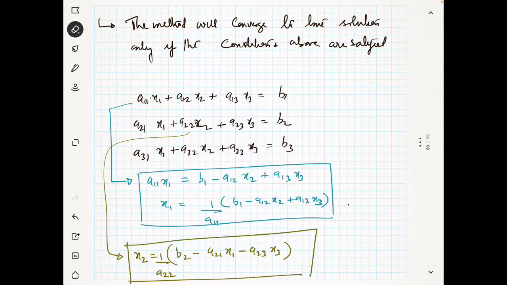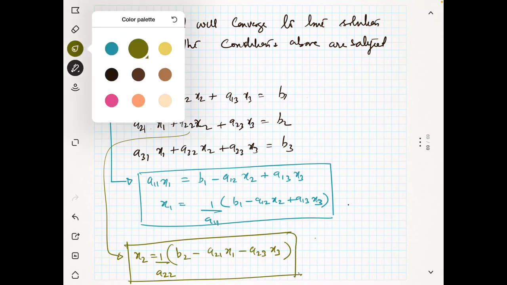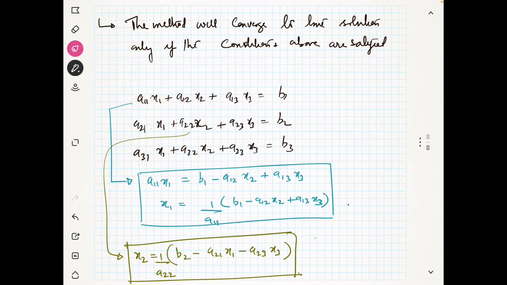Now you can write your third thing: x3 is equal to b3 minus a31 into x1 minus a32 into x2, times 1 by a33.